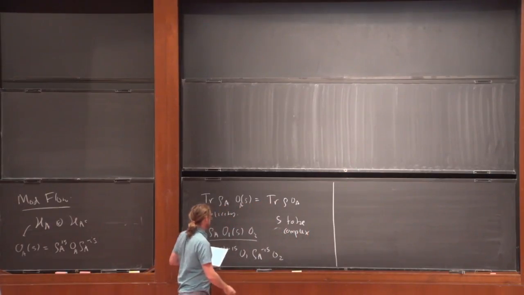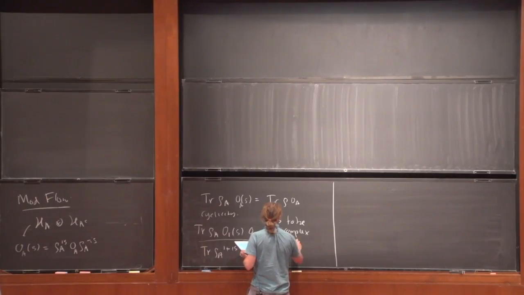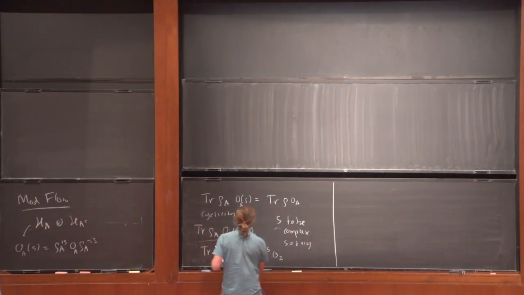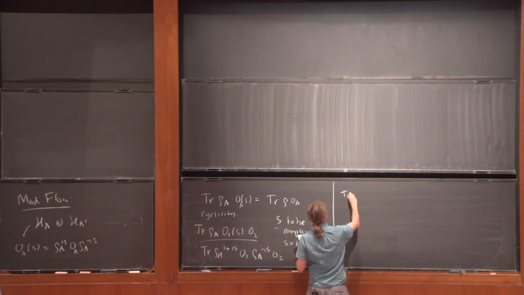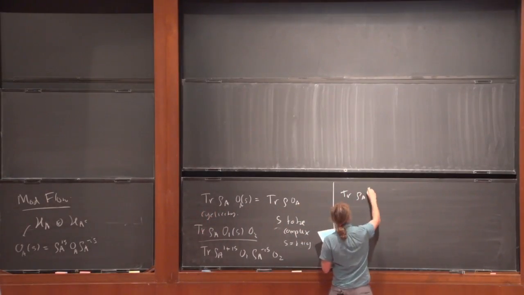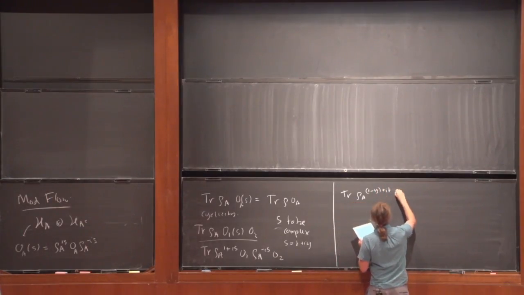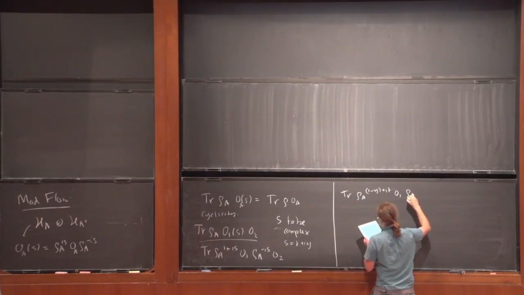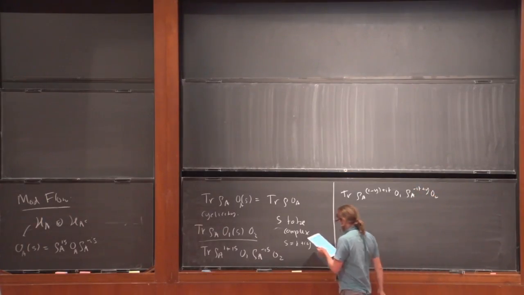And then, let me decompose S as t plus iy. And then we plug it into this equation, and we get rho A to the 1 minus y, this.